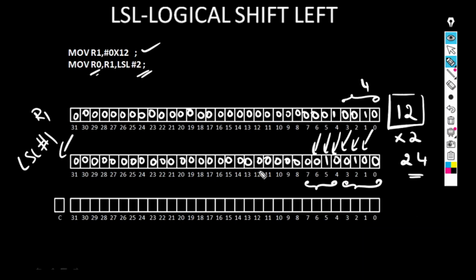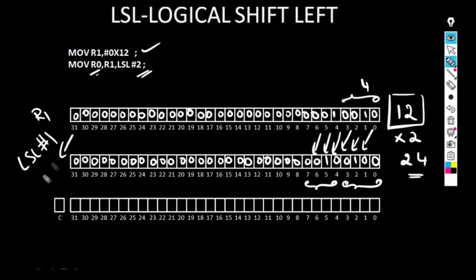But what is expected here is that we shift our original content 2 times. One time we have already shifted, so this data should be shifted again by 1 bit position, and the result is then stored in r0.